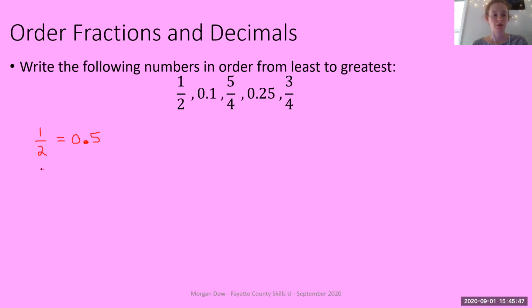On to my next fraction, we have 5/4. So if you have 5/4 in your pocket, how much money do you have? You have $1.25. So 5 divided by 4 is 1.25.